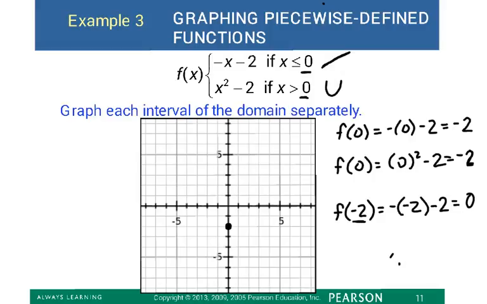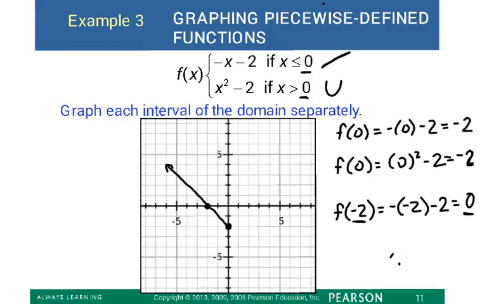My x value is -2. My y value is 0. -2, 0 is right here. So connecting these 2 points, we end up having this portion of our graph.